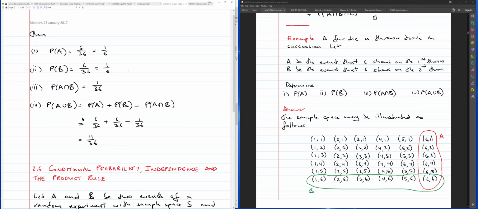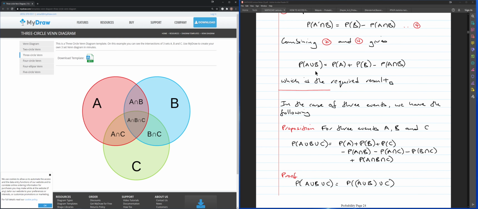The fancier name for this is inclusion-exclusion. Inclusion-exclusion is when you subtract off extraneous elements from a calculation. Alright, so we saw that the probability of A union B is equal to the probability of A plus the probability of B minus the probability of A intersect B.